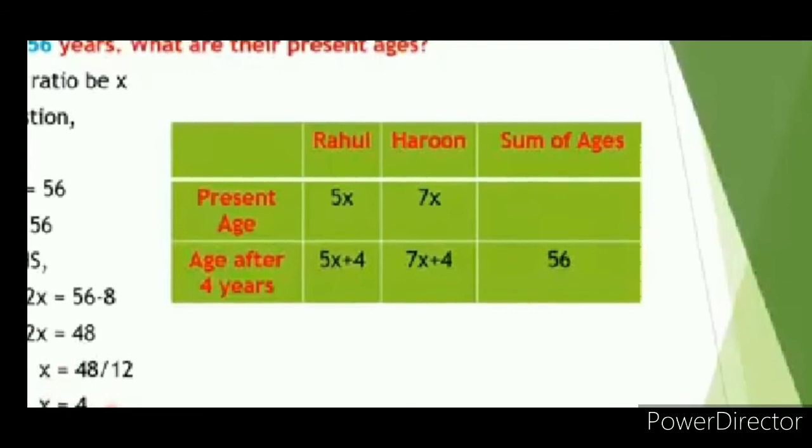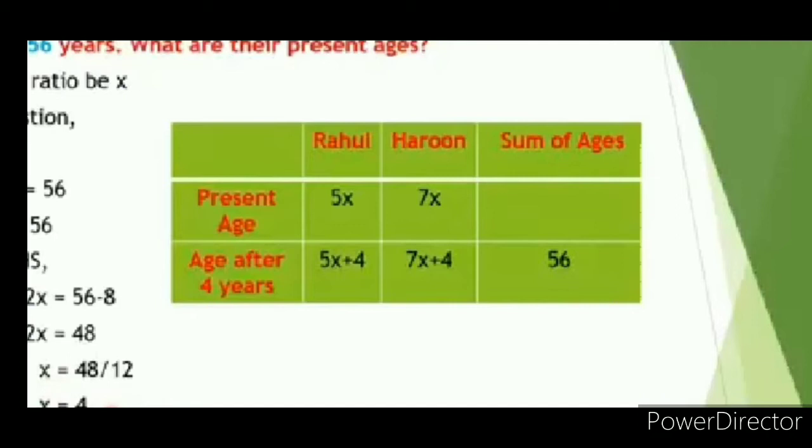Now, the two conditions are mentioned in this table with two rows. The first row represents the present age of Rahul and Harun. The second row represents the future age of Rahul and Harun. First row, 5x and 7x are the present ages of Rahul and Harun respectively. It is the actual age.